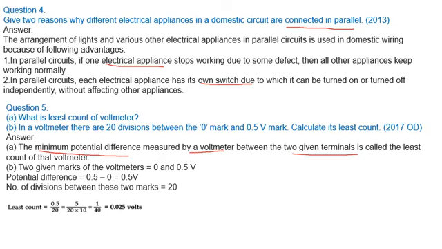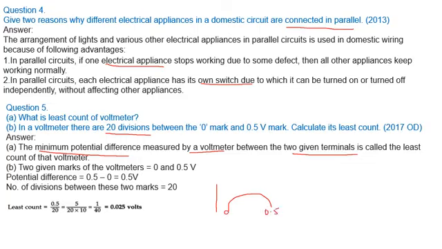If in a voltmeter there are 20 divisions between 0 to 0.5 volt, so let's take this as my voltmeter, from 0 to 0.5.